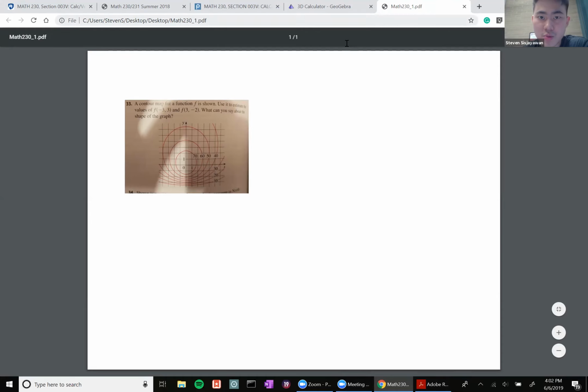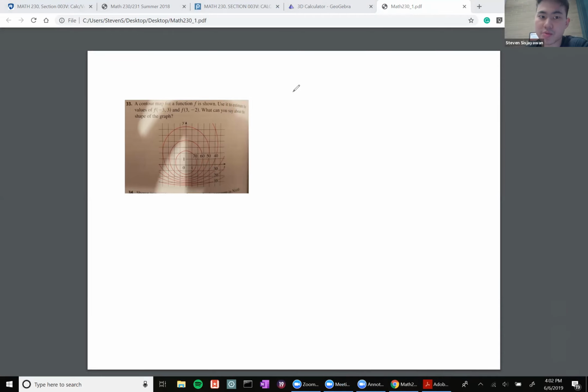Let me start off with contour maps. Just like how archaeologists use contour maps to survey an excavation site, that's how I think of it. These lines with numerical values represent 70 for this curve, 60 for this curve, 50 for this curve, and 40 for this curve.